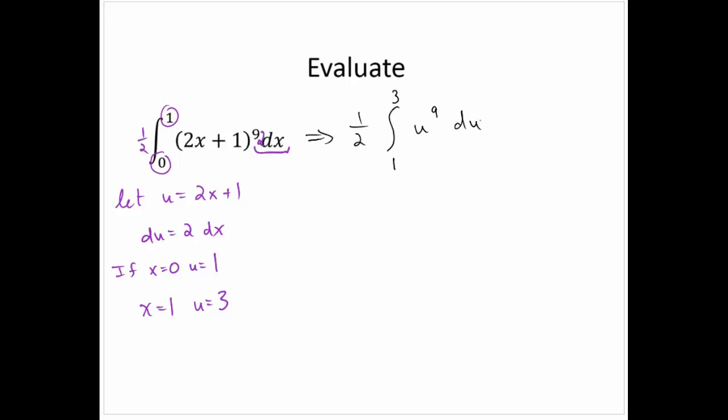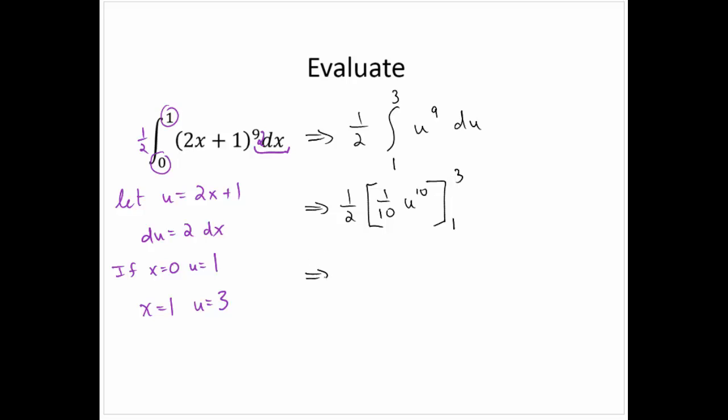So notice how I've changed the limits of integration as well. And so then this becomes 1/2. Now u to the 9th, the antiderivative is 1/10 u to the 10th. And I'll need to evaluate that from 1 to 3. Now I don't need to change back to x's here with this definite integral. I can keep it in terms of u as long as I change my limits of integration.